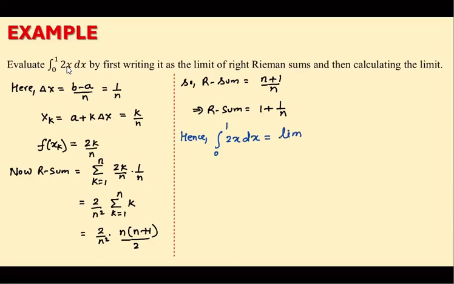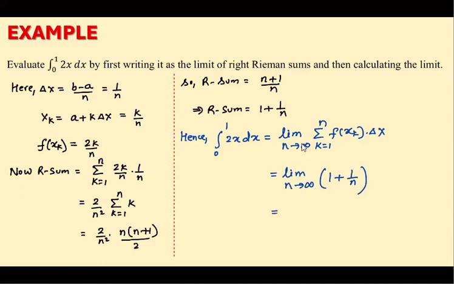I can write it like this: limit as n approaches infinity of the sum from k equal to 1 through n of f of xk times delta x, which is equal to the limit as n approaches infinity of the Riemann sum we have already calculated, which gave us 1 plus 1 over n.